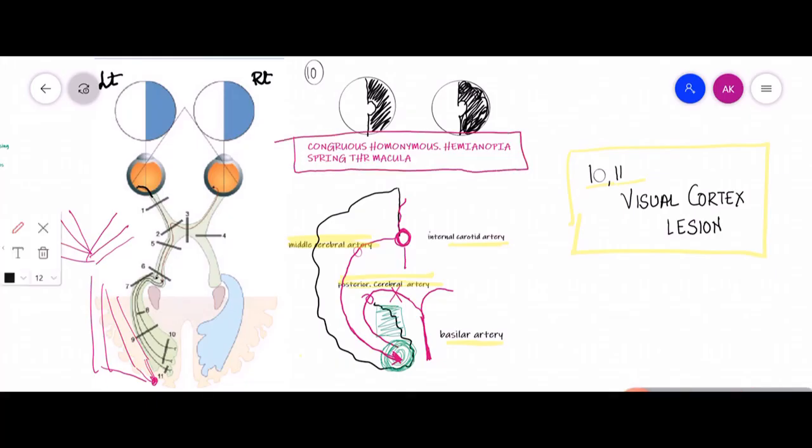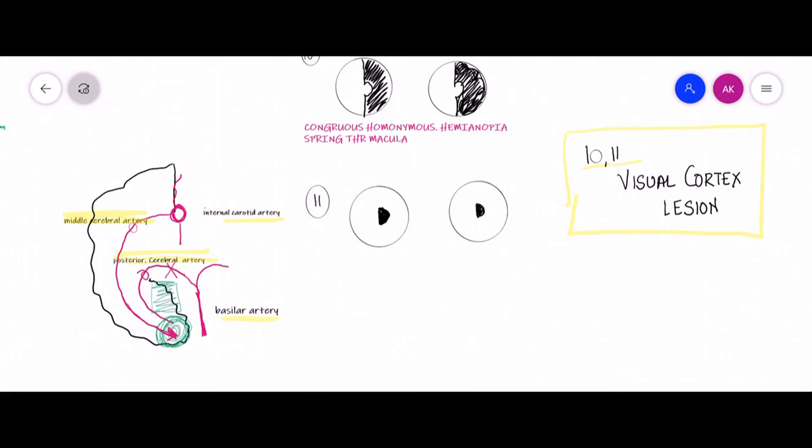There is an injury which is affecting directly the tip of the occipital lobe as such. In case of a head injury which is affecting the tip of the occipital lobe where the macular fibers are present, or sometimes a gunshot injury also, okay, where the bullet directly goes and hits the tip of the occipital cortex, over there the macular fibers will get affected, and in such a condition what we are going to get is congruous homonymous macular defects on the contralateral side, okay, as shown in this picture.